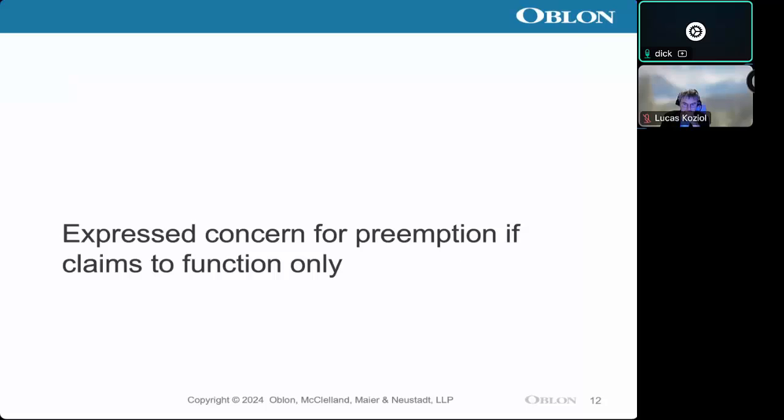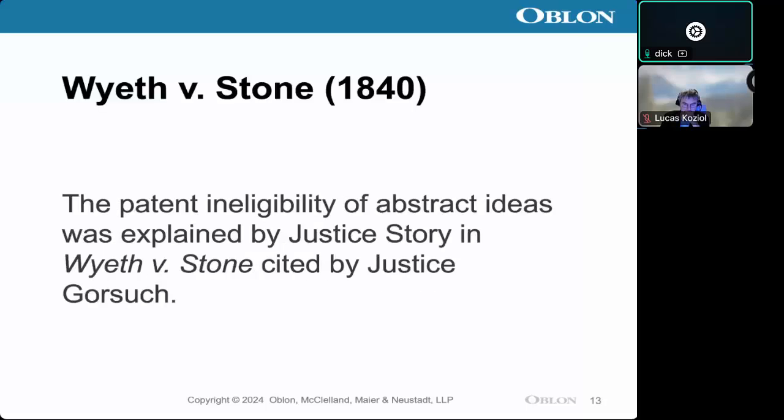You would only have invented a single part of it. And this is explained by Justice Story again, in a federal case, some 27 years later, in Wyeth v. Stone.